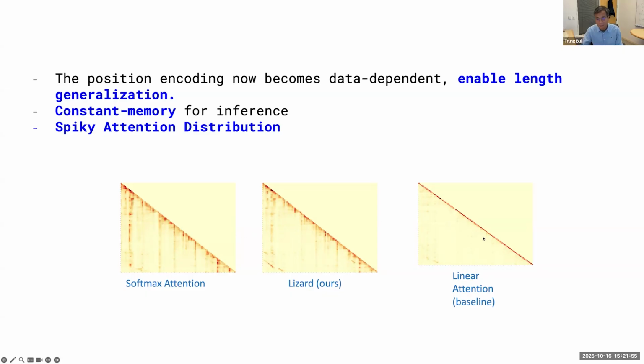The other methods, the baseline linear attention methods, have lost that behavior. That is why, even though baseline linear attention can reduce latency during inference, the performance drops when we test on LM benchmarks.